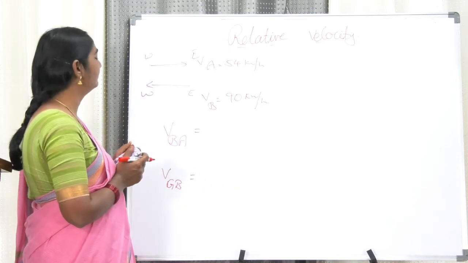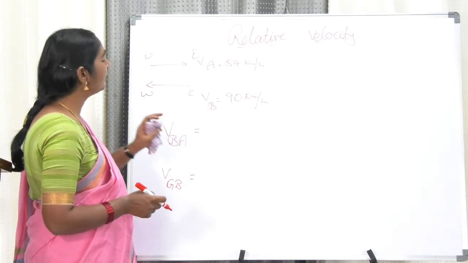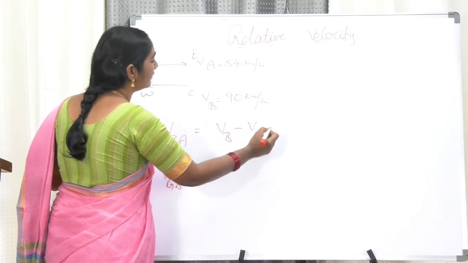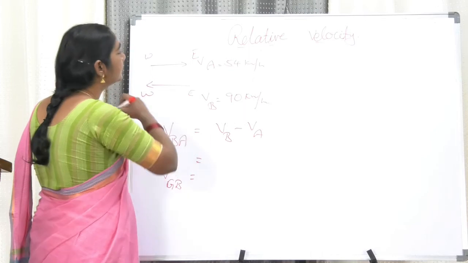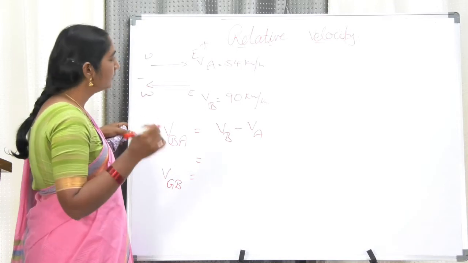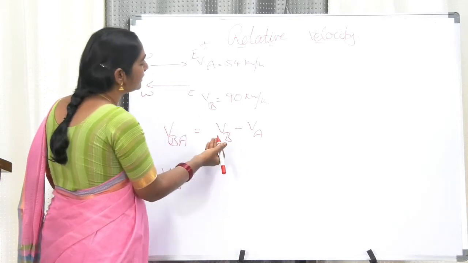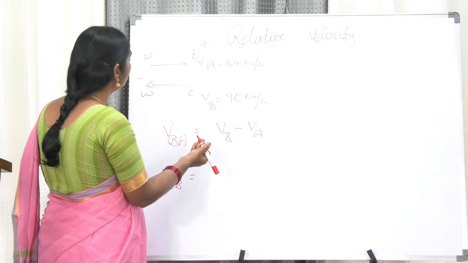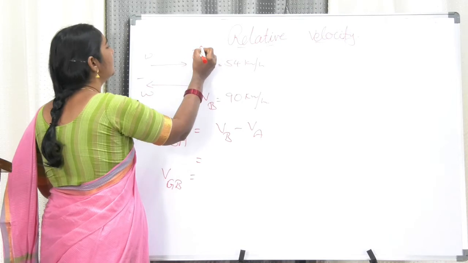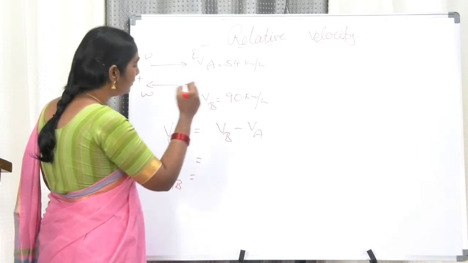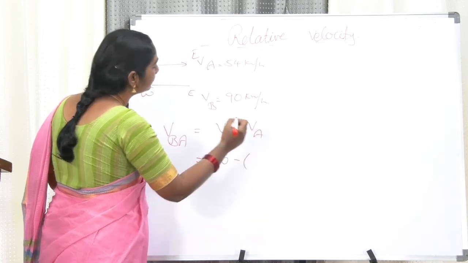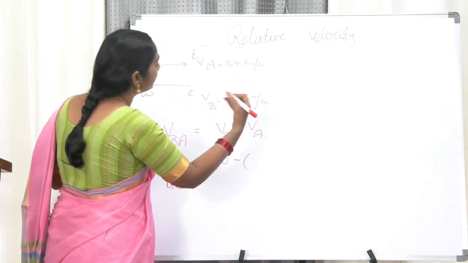Now let us try. Relative velocity of B with respect to A is nothing but velocity of B minus velocity of A. Let us consider east direction as positive and west direction as negative. So now this is becoming 90 minus velocity of A, which is minus 54.